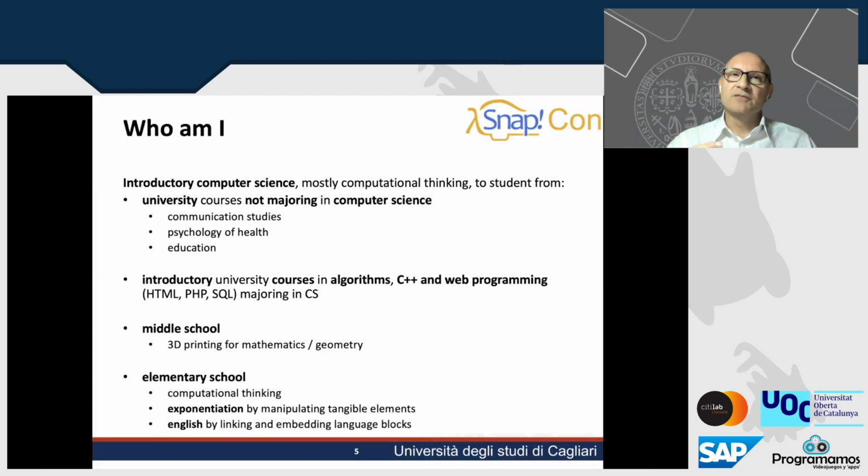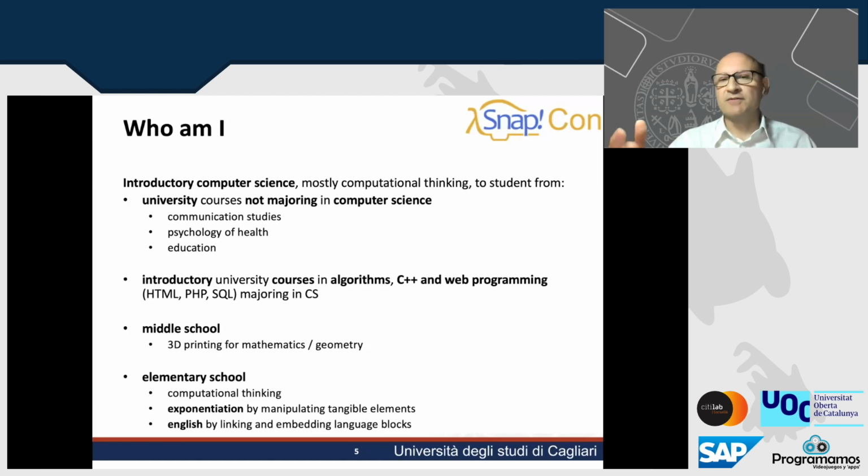To understand why I'm doing what I do, I think it's good to have some background. I teach introductory computer science to different kinds of students. For example, university students that are not majoring in computer science, but also students that are majoring in computer science on introductory concepts such as algorithms, basic C++, web programming.